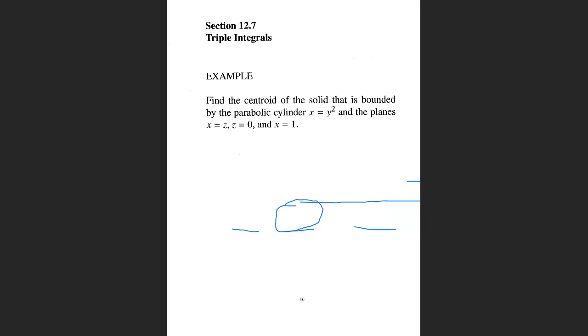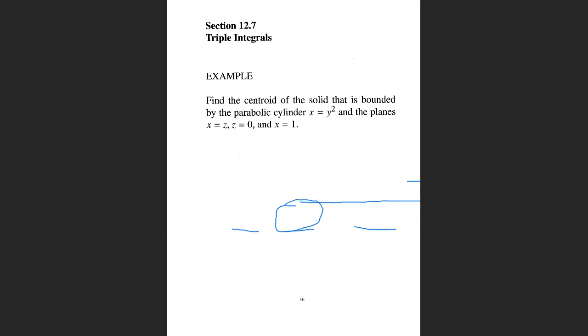Okay, so this solid is bounded below by the xy plane. What about above? The solid can't go up forever. What's stopping the solid from going up forever?